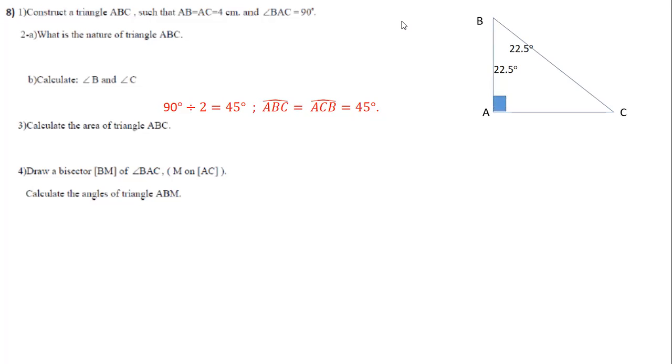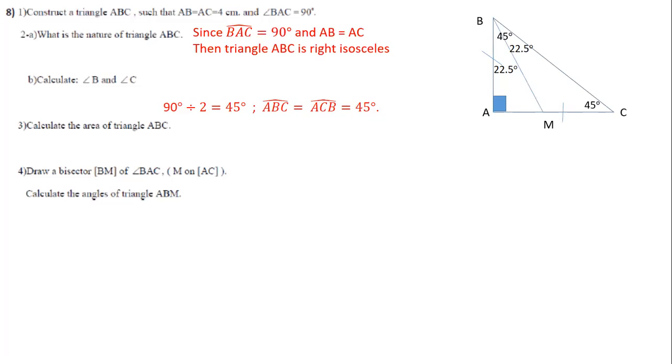This is the triangle. I want to ask you, if we have in a triangle a right angle and 2 equal sides, what kind of triangle is this? Right isosceles. Bravo. So we say, since we have a 90 degrees angle and 2 equal sides, then the triangle's nature is a right isosceles triangle.